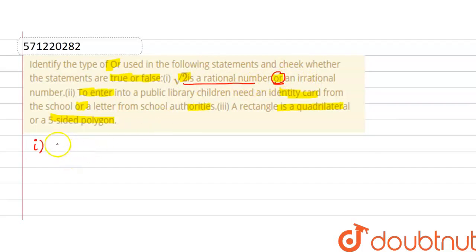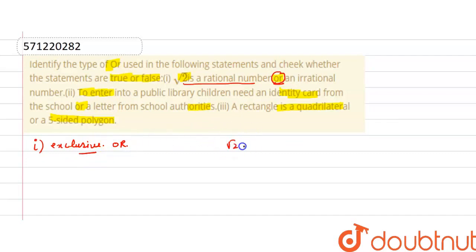Either the first is true or the second is true. Now you see that in the question there is an exclusive "or", because either the first part is true or the second part is true.